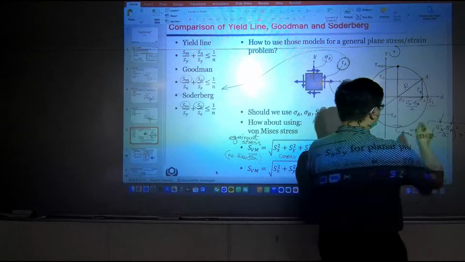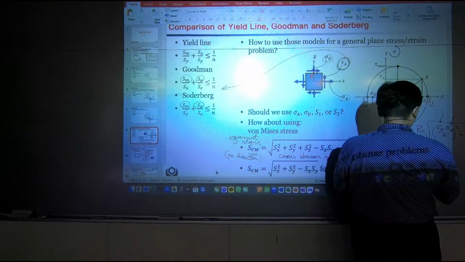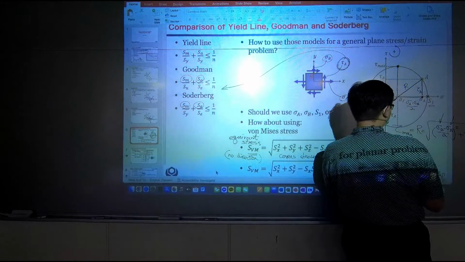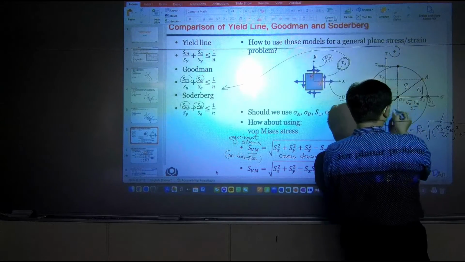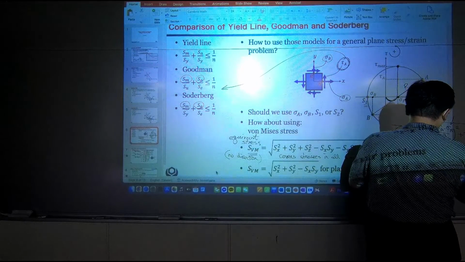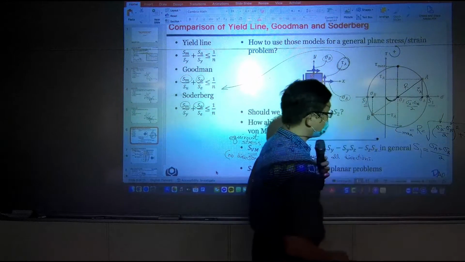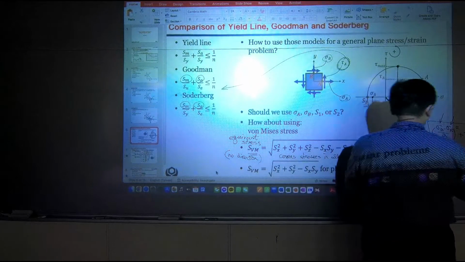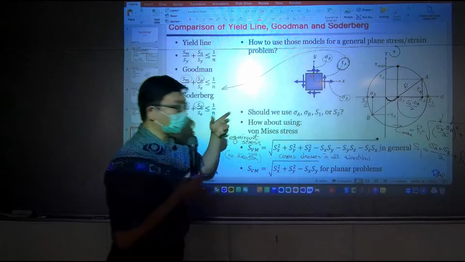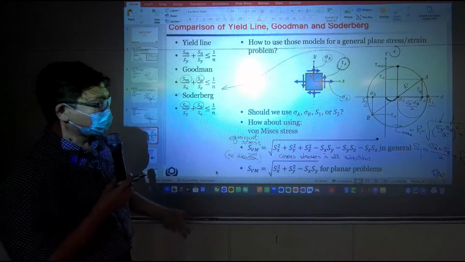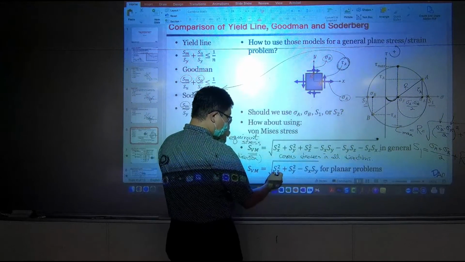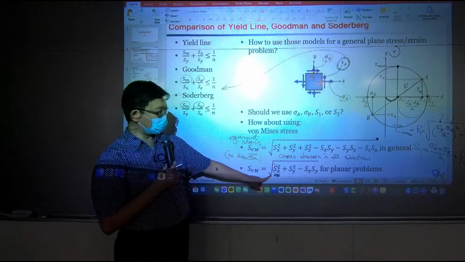Okay? And if you calculate the principal stress S1, basically it's this value. This value basically is the mean value of these two. So mean value would be the sum of them divided by 2, plus the radius. So plus R. R can be calculated here. So this is how you calculate your principal stress, the first one. And once you have S1, you have your first S right here.